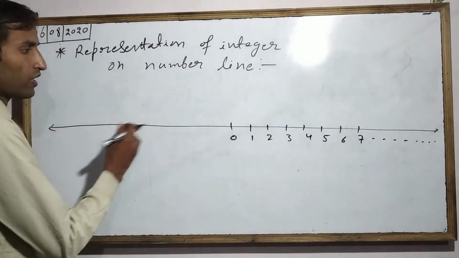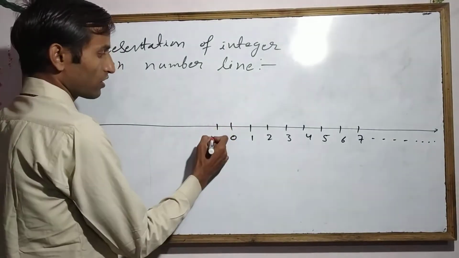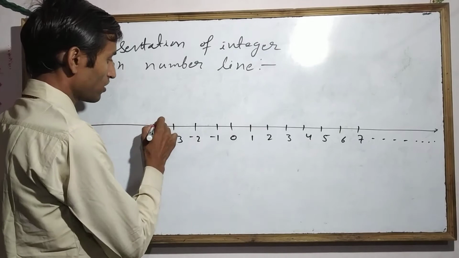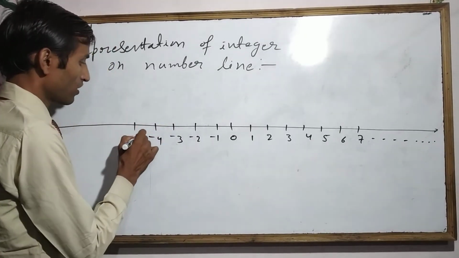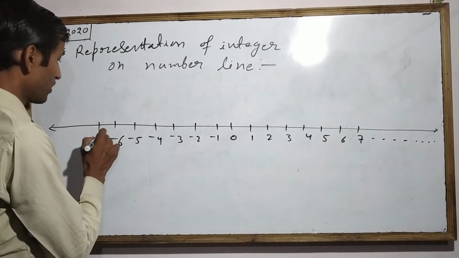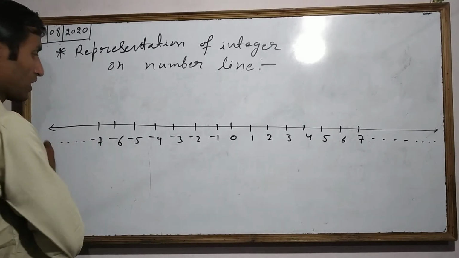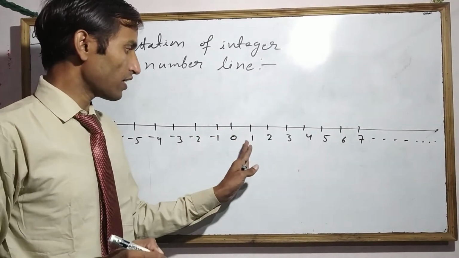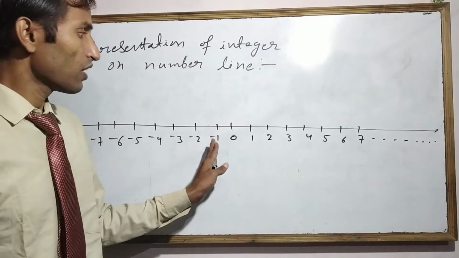Now on the left side we have to take minus 1, minus 2, minus 3, minus 4, minus 5, minus 6, minus 7. Here also the distance will be the same, but it has a negative sign, that's it.